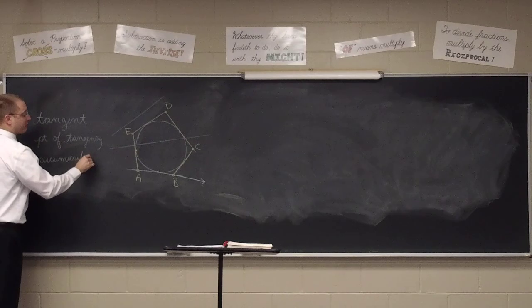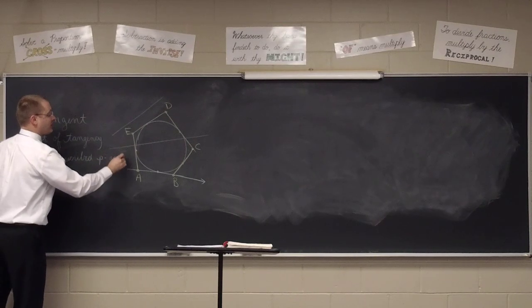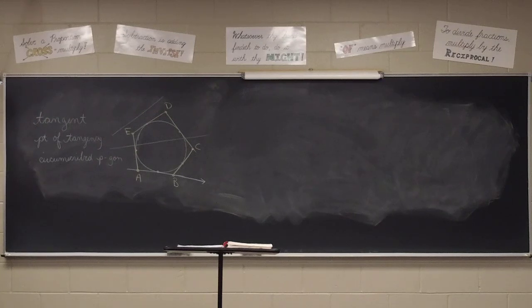We've been unable to define this term in the past because we didn't know the term tangent. But now that we've defined what a tangent is, we can finally describe the circumscribed polygon. It is a polygon, all of whose sides are tangent to the same circle.